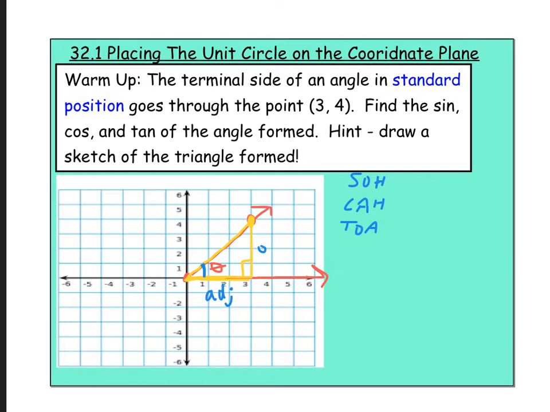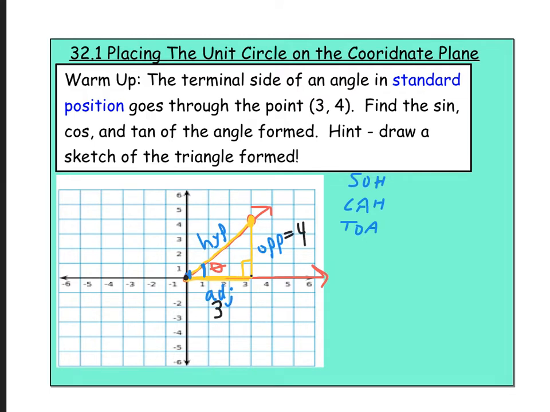The opposite side will always be the y direction, and then the actual segment from the origin to the point will always form the hypotenuse of a right triangle. So we should be able to figure out the lengths of those sides, and then we can write the three ratios that we need. For example, the adjacent side length is just going from 0 to 3, right? So the adjacent length is 3. The opposite length is 4.